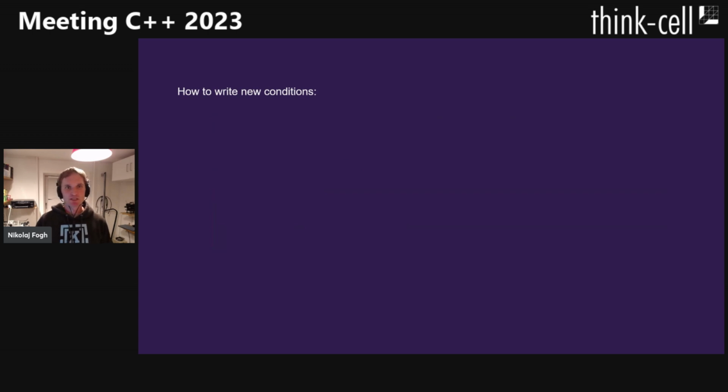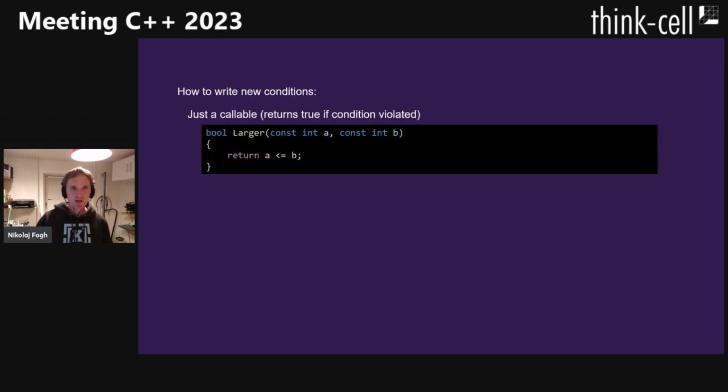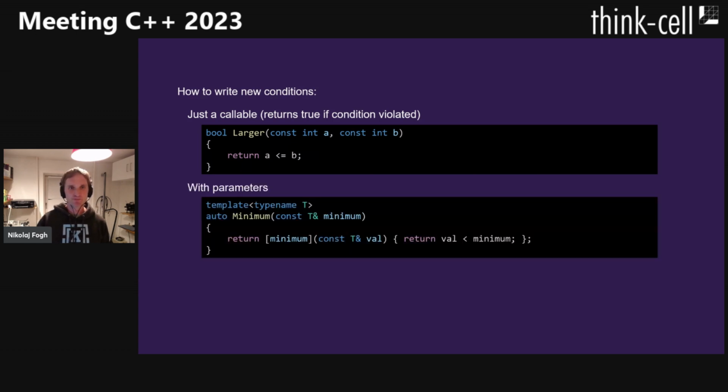But how do you then write new conditions? A condition is just a callable, which returns true if the condition is violated. In this case, we can have one called larger. It takes 2 parameters, and it returns whether A is smaller or equal to B. If it is, then it's true, and then it's a violation of this condition.